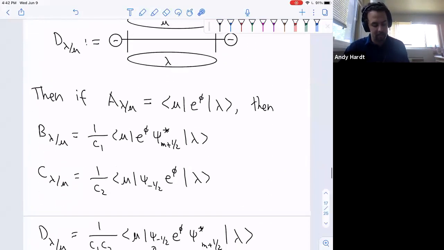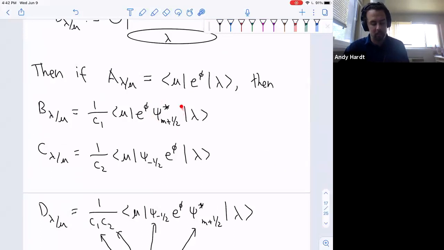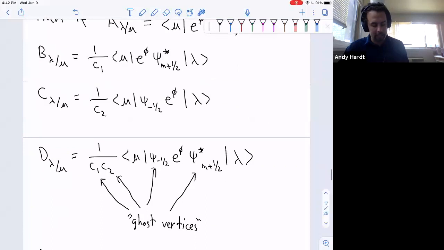That gives us formulas like this. We have a creation operator here, and we divide by C1. I guess that's a C1, sorry. Or we have a deletion operator here, we divide by C2, or in D, we do both of them. So they're these ghost vertices on the sides.